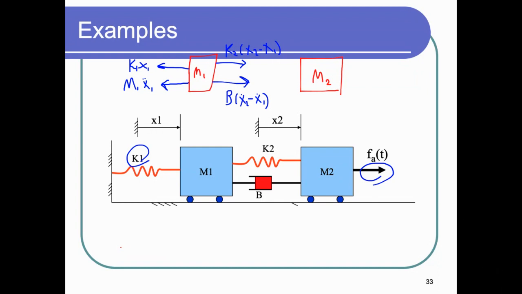Yes, Muhammad. Doctor, why for K2 do we have x2 minus x1, and for K1 only x1? Okay, K2 is between two masses, right? And each one of them is moving according to a certain displacement, so it is affecting the two masses.